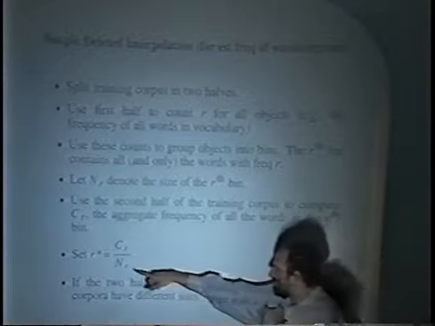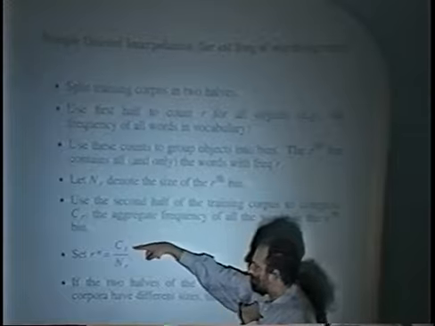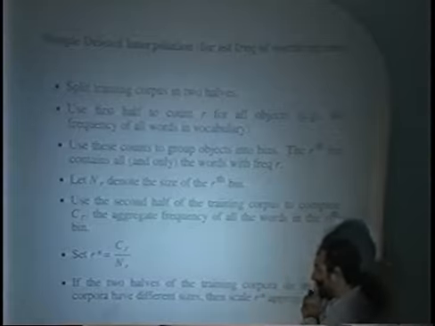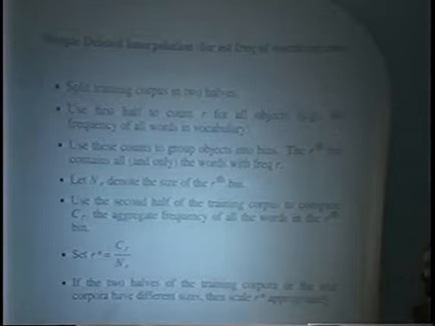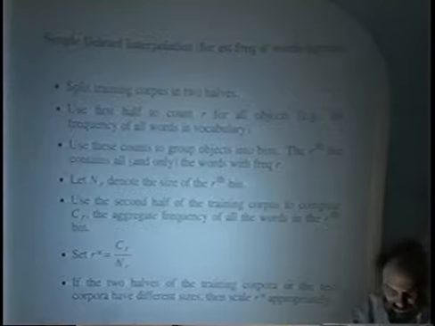And use the second half of the training corpus to compute C sub r, that is, the aggregate frequency of all the words in the rth bin. And then I'll set R star equal to the ratio of C sub r over n sub r. If the 2 halves of the training corpus and the test corpus have different sizes, then I'd need to scale R star, but I'll ignore that. The sizes of these AP corpora are pretty comparable.